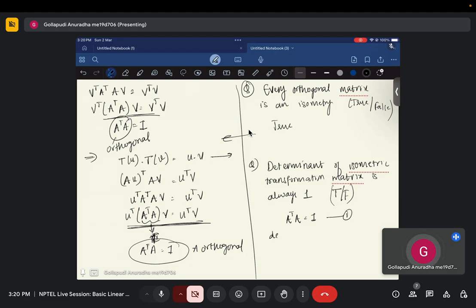So if we see the determinant for this, that would be 1. It should be 1.